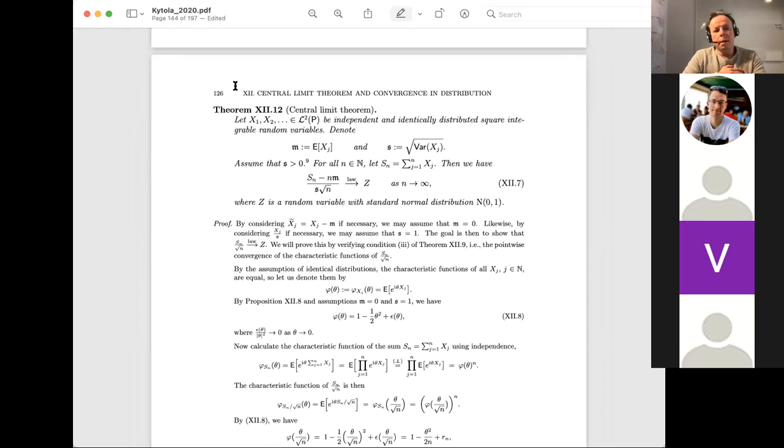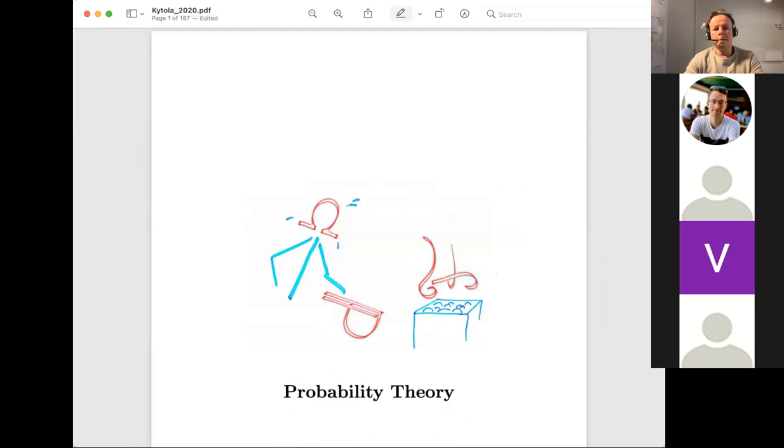So these 126 pages should be about sufficient for the course. That means 10 pages per lecture, 20 pages per week. So that's about the amount of reading for this course.